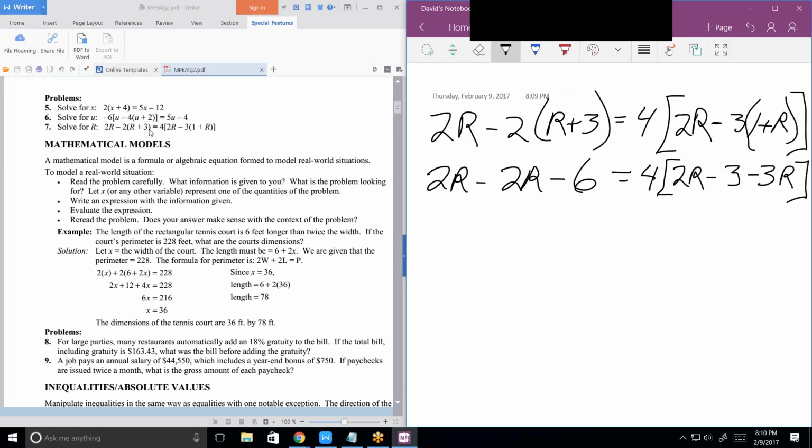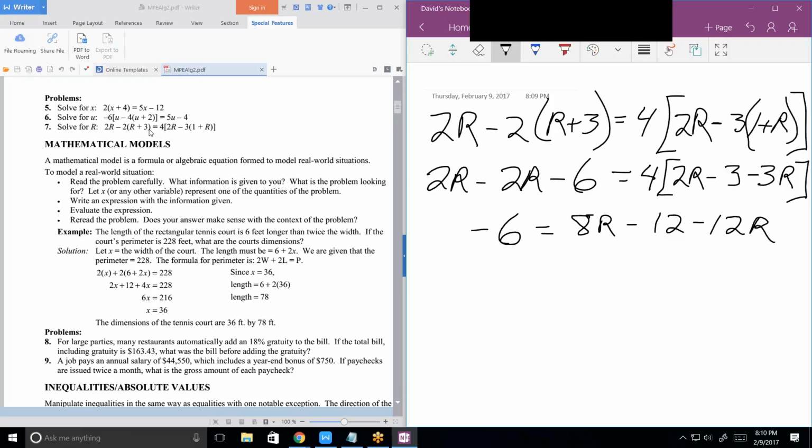Now, next line. It'd be negative 6 equals 8r minus 12 minus 12r.